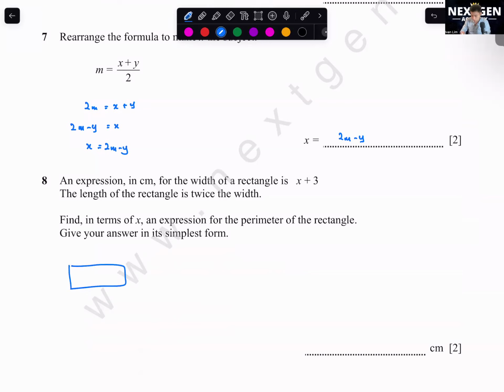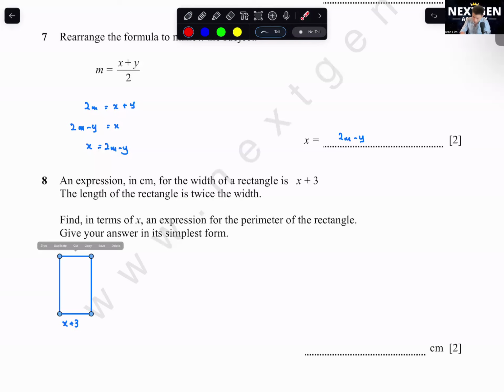So when you draw a rectangle, we try to draw as accurately as we can. They say the length is twice the width. So like this. Okay, let's see. Width is x plus 3. Let's say this one, it doesn't matter which one you call length and width.